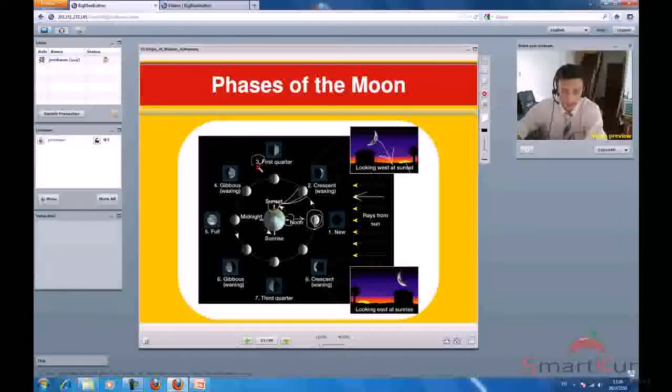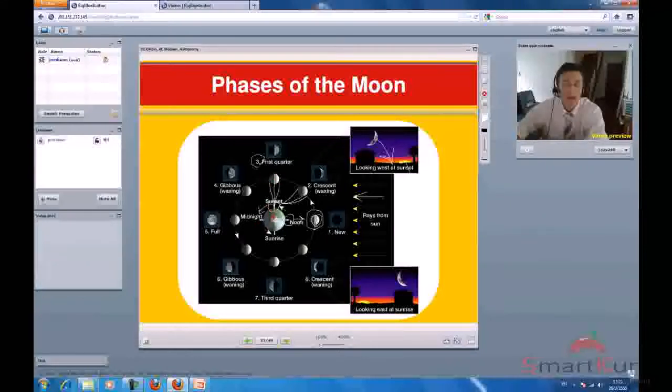Here on the left is the dark side. Here on the right is the light side. That's why we see only a small sliver of moon at sunset. And notice we see that moon in the evening. But as the Earth continues to rotate, that moon would set in the west. It's going to follow the sun down. First the sun's going to go down, and then the moon is going to go down after it.